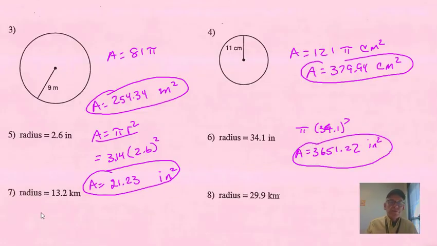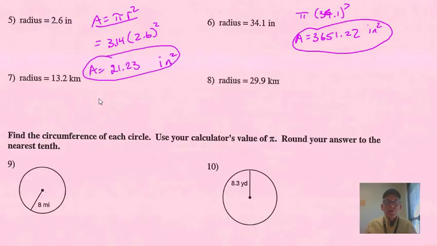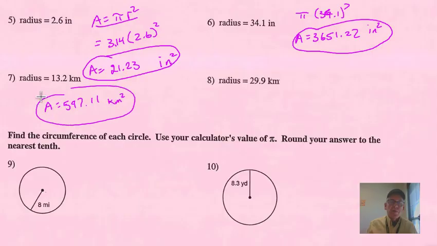Number 7. Radius is 13.2, so we're going to do 13.2 squared times 3.14. We have 547.11, rounded off to 2 decimal places, and it's going to be kilometers squared.